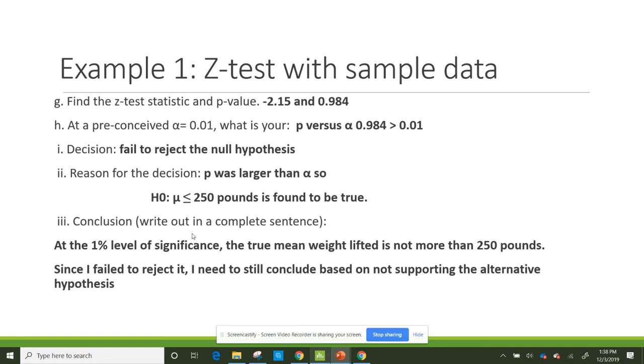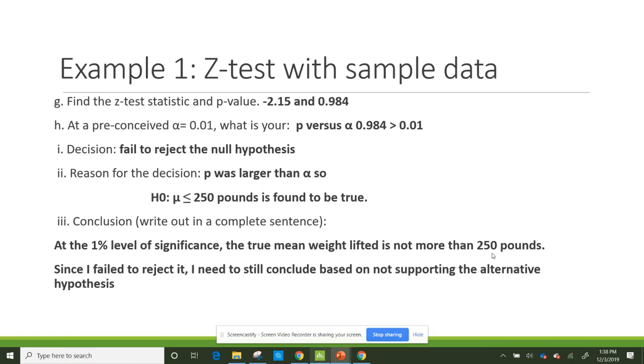So let's write this out in a complete sentence. At the 1% level of significance, the true mean weight lifted is not more than 250 pounds, or you could even put is not greater than 250 pounds. So, because I failed to reject the null, I need to conclude based on not supporting the alternative hypothesis.